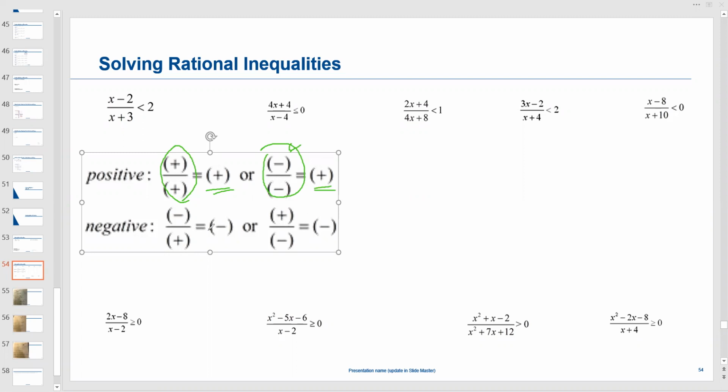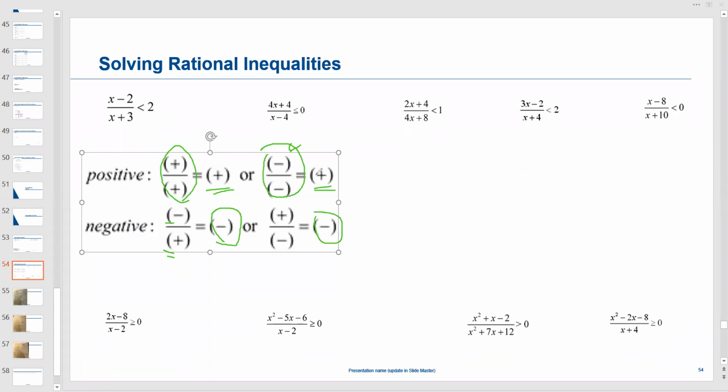If the denominator and numerator are opposite, one is a positive number, one is a negative number, the result would be negative, right? So if the numerator and denominator are both positive, the result is positive.